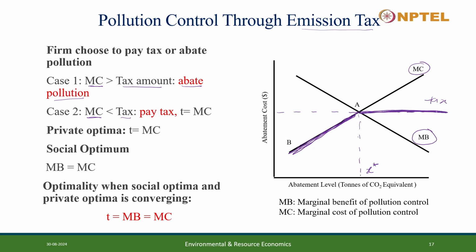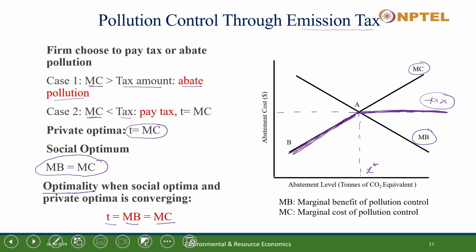Okay, so now what will be the private optima? Private optima will be T equals MC and social optima will be MB equals MC. So the optimality value which we achieved will be T equals MB equals MC. At MB equals MC, this level of tax needs to be levied for environmental degradation or for emissions.